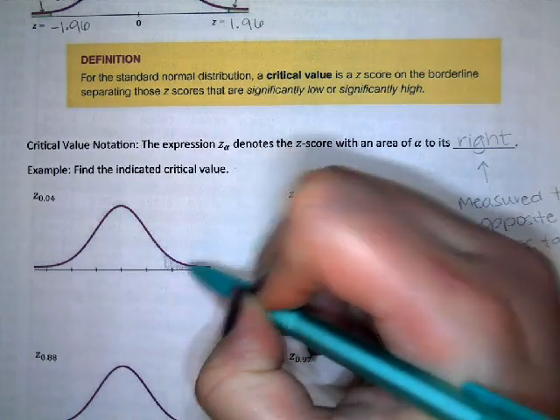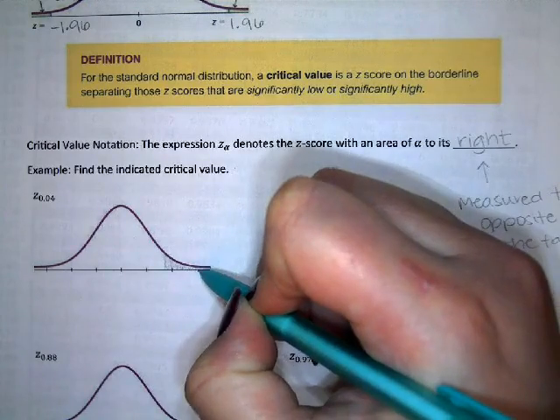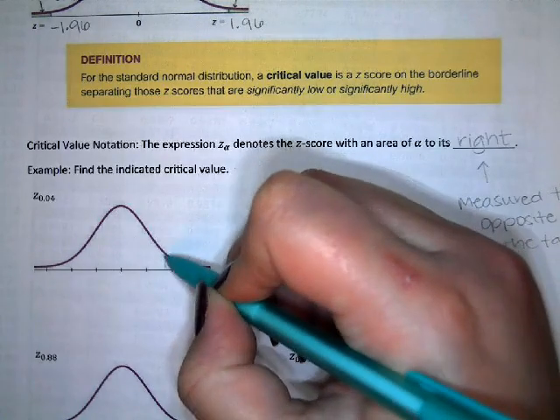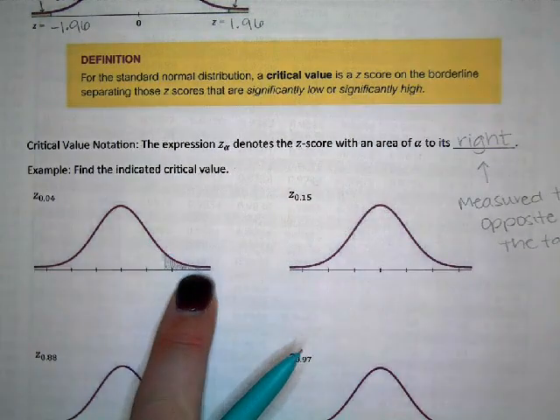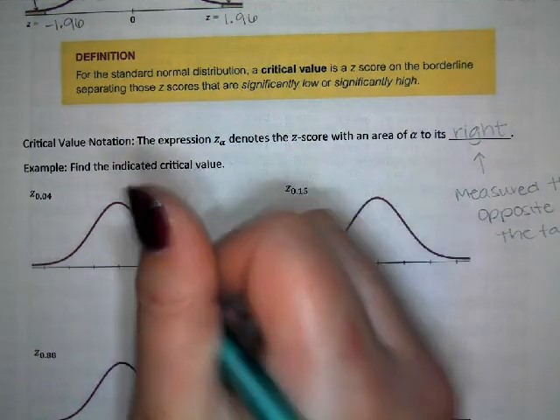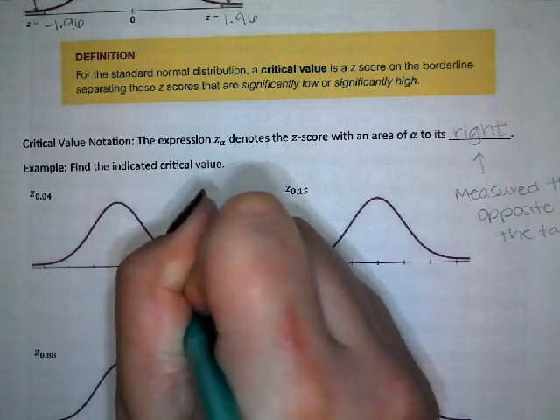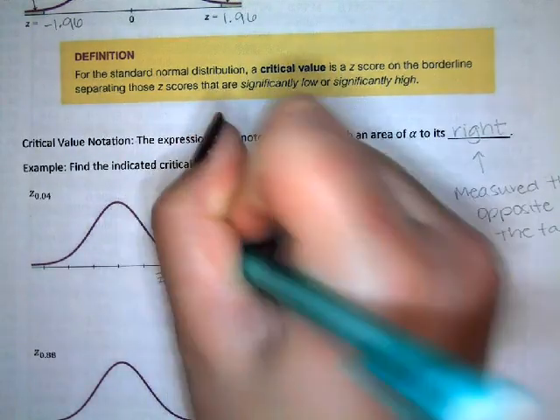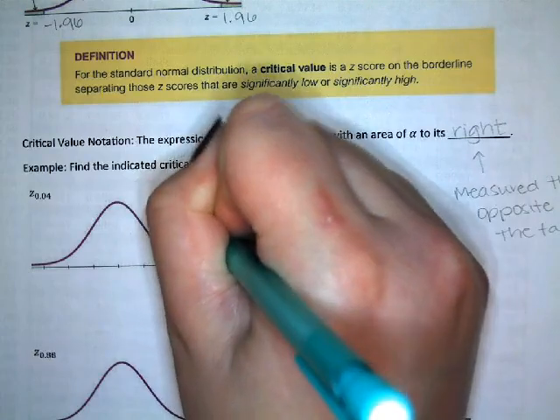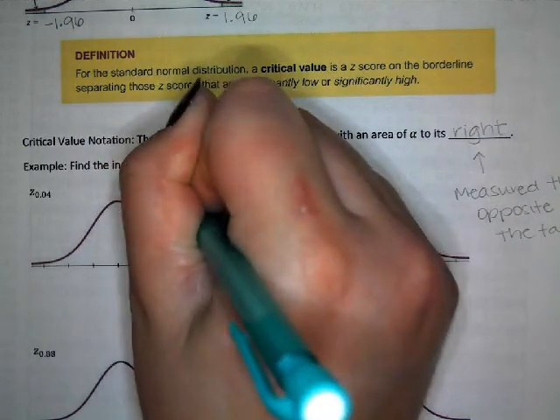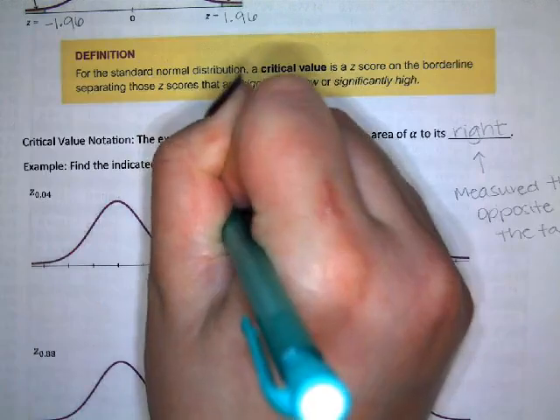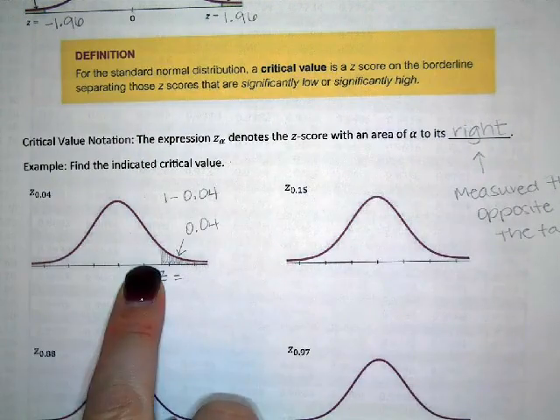It's fine. So I'm looking to see what's the z-score right here when the area is 0.04, when the probability is 0.04. But my table is not going to say 0.04. It's going to be 1 minus 0.04 because my table measures from the left. It does not measure from the right. So 1 minus 0.04 is 0.96.